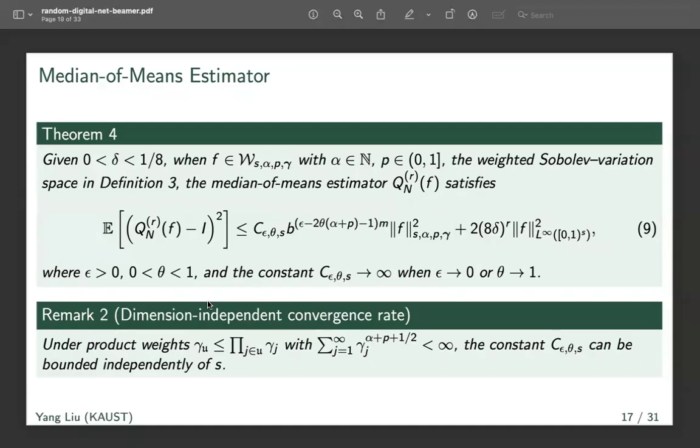And we also discuss in which case the convergence rate can be dimension independent. If we use this product weight assumption with this summability of these weights in the definition of this weighted Sobolev variation space, then this constant can be bounded independently of s. And notice that this alpha plus p plus 1/2 is exactly the convergence order in here.